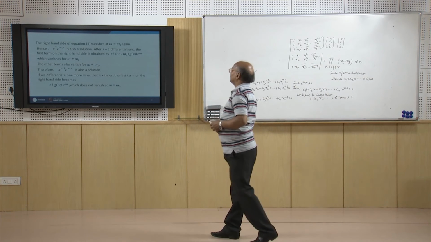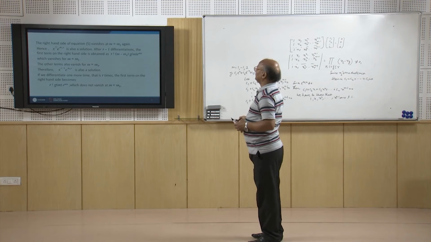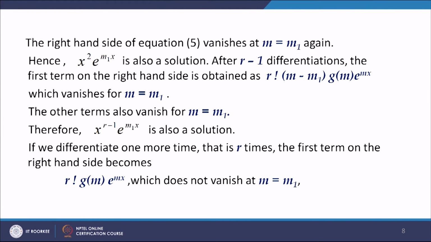The other terms will also vanish because their powers of (m minus m1) will be one or more. So, x to the power r minus 1 e to the power m1 x will also be a solution.